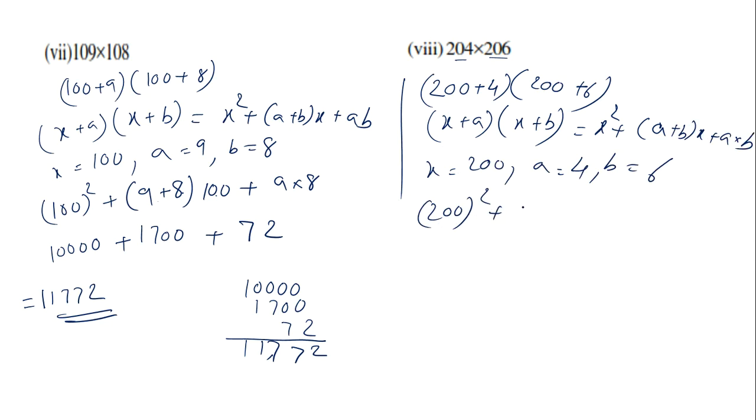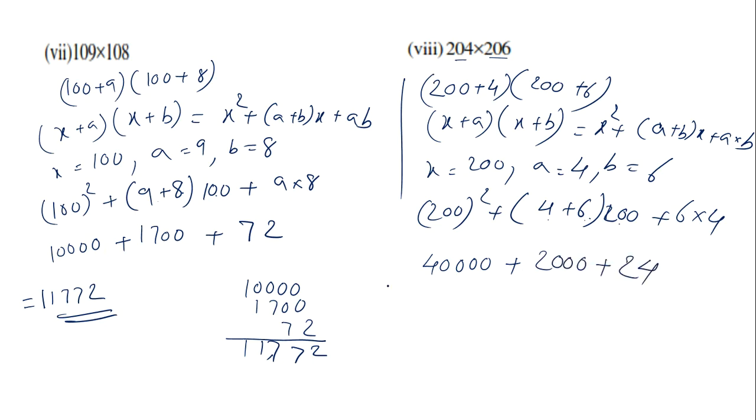Now substitute it: 200 whole square plus 4 plus 6 into 200 plus 6 into 4. 200 square is 40,000 plus 6 plus 4, 10, 10 into 200, 2000, plus 6 fours are 24. Now add all these. It becomes 42,024. This is the answer.